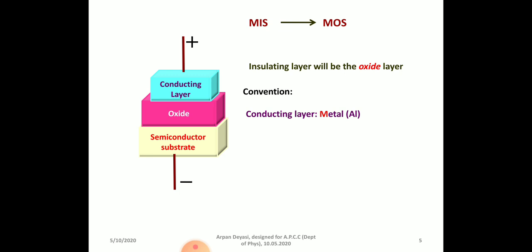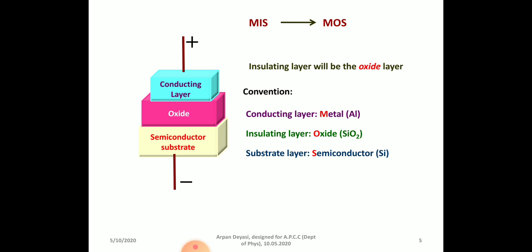No, that's not the important point. That is one of the points, but there are some other major factors based on the electronic properties of aluminum. I will come to that a little bit later on. So the convention is the metal is aluminum. The insulator normally used is silicon dioxide, which can be very easily grown on a silicon substrate.